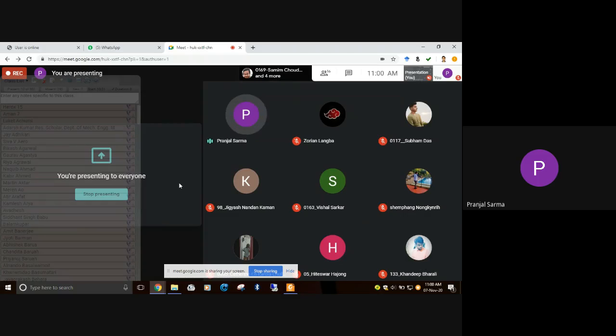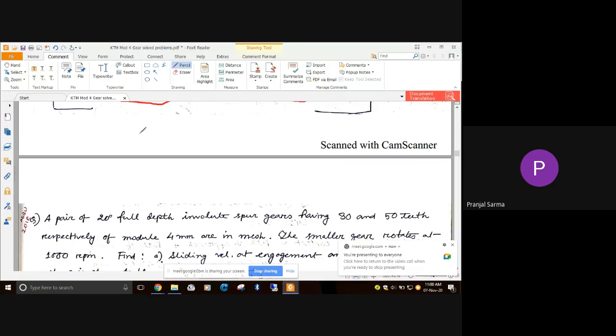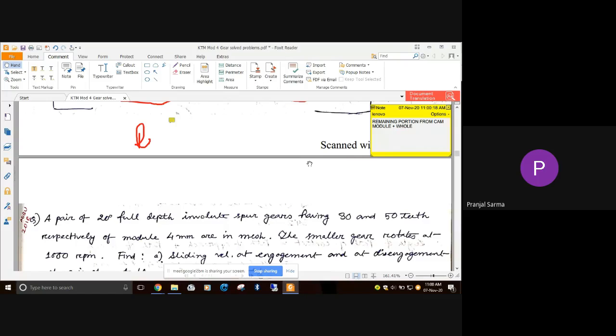Okay, no. Okay, then this is the class test one, class test two syllabus. That is the remaining portion from CAM module plus whole gear module.